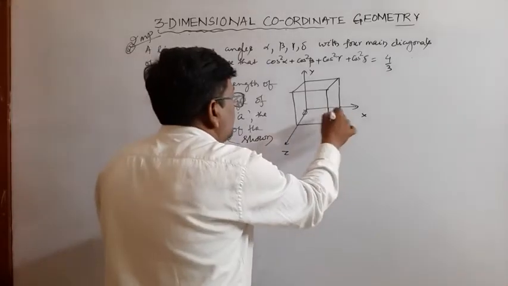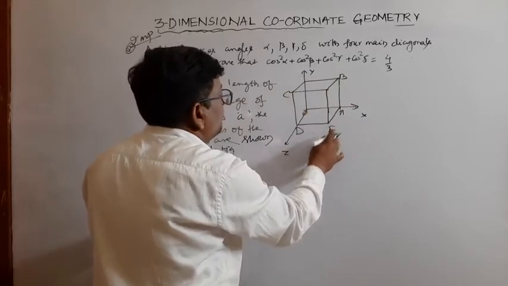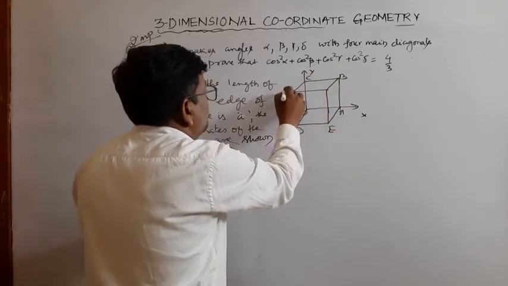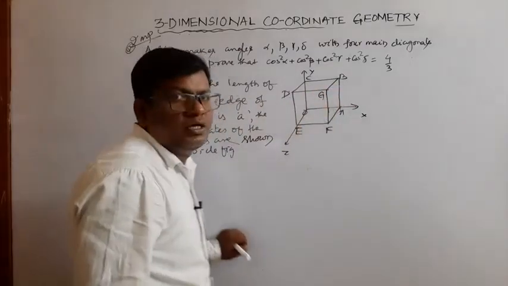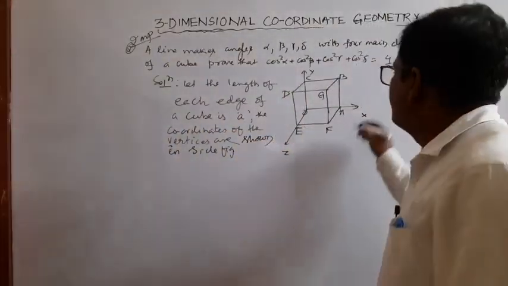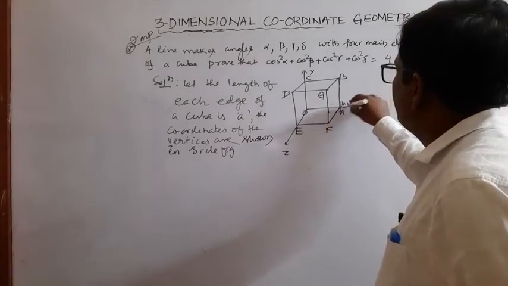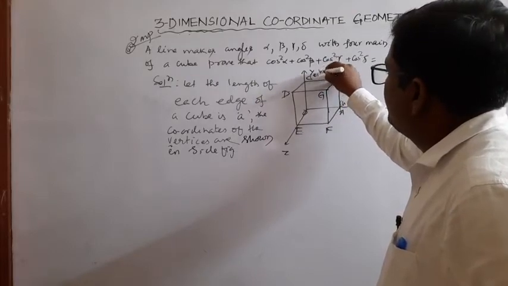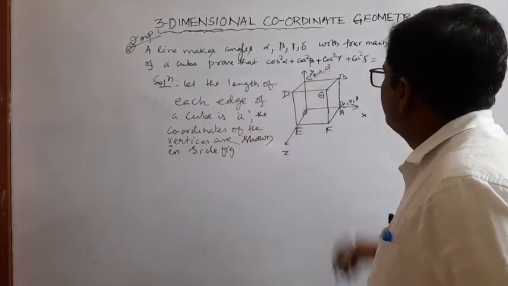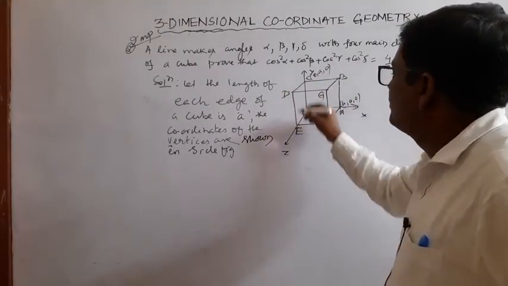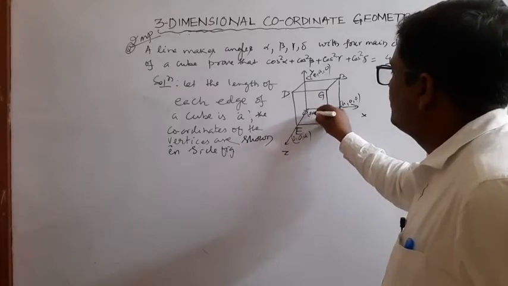Okay, this is the origin and these are suppose A, B, C, D, E, F and G. The coordinates are: this is A 0 0, this is 0 A 0, and this is 0 0 A, and the origin is 0 0 0.